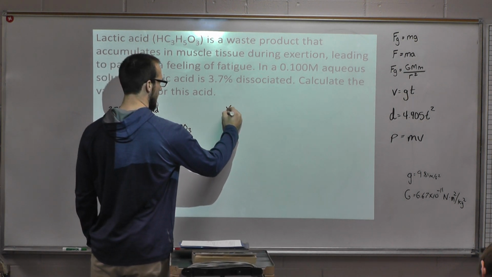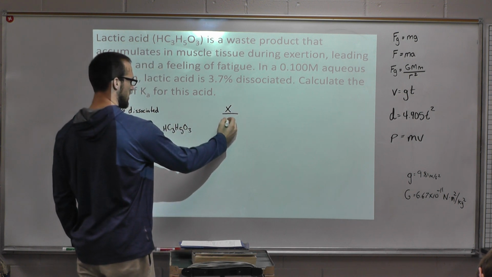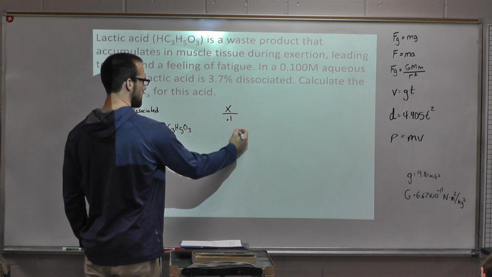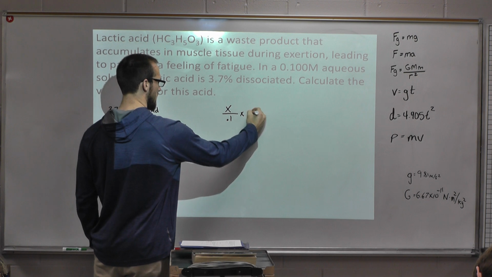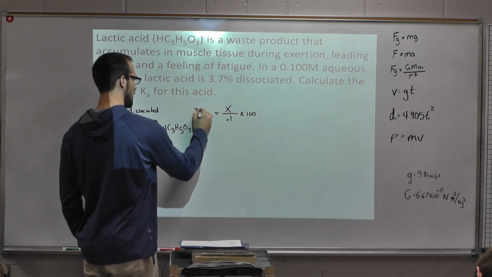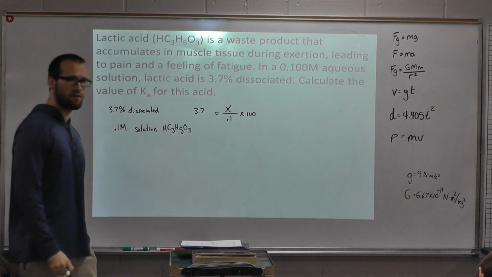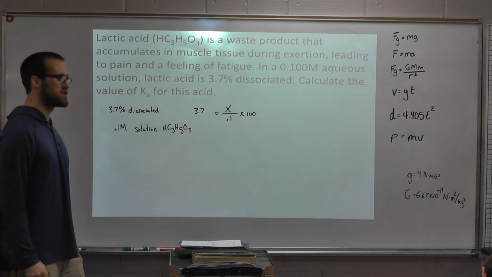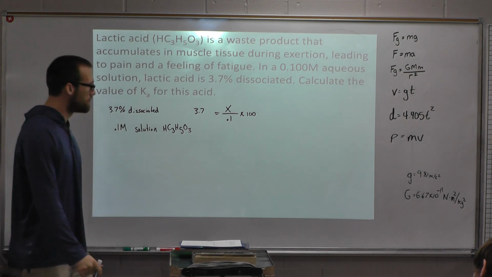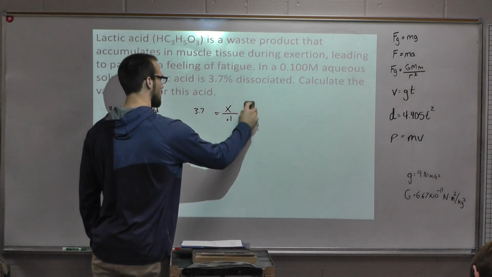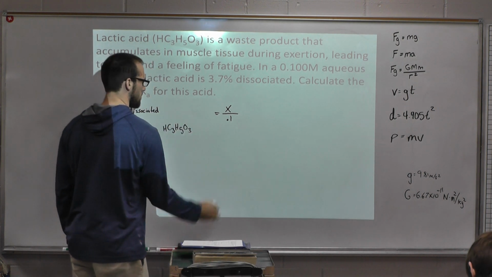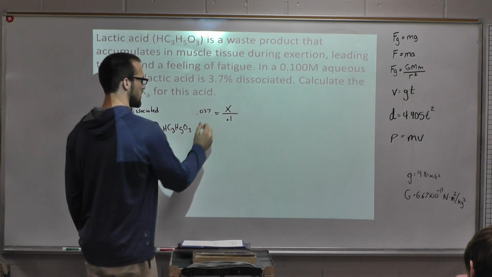So we know X over our initial concentration, which they told us, times 100 equals 3.7, right? So then you could just divide by 100, put that in decimal form. Solve for X.